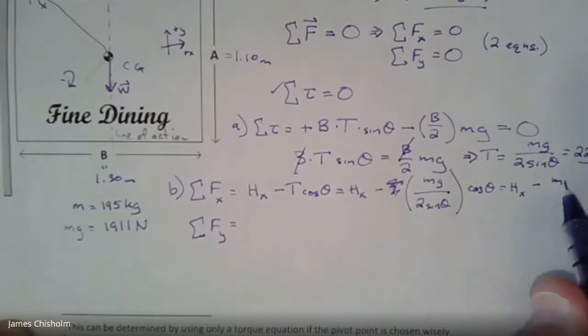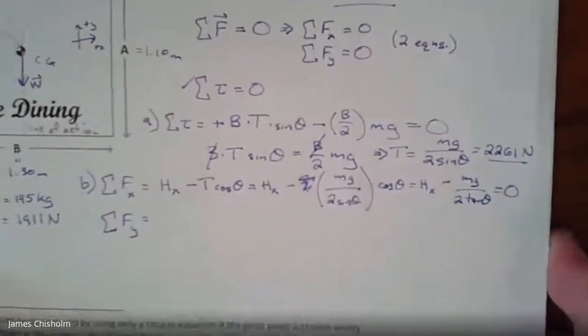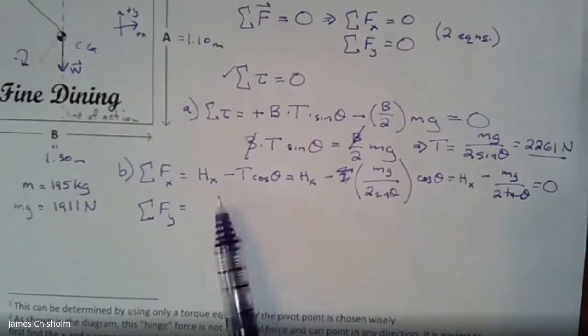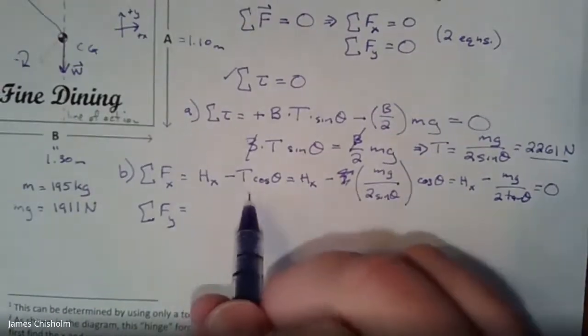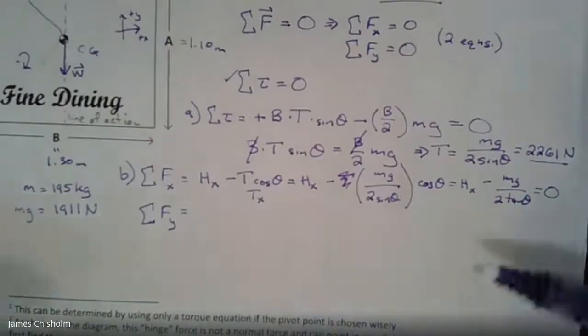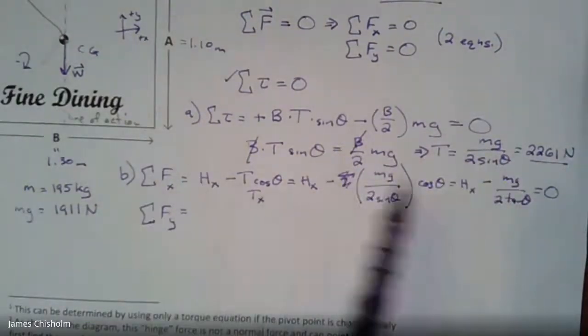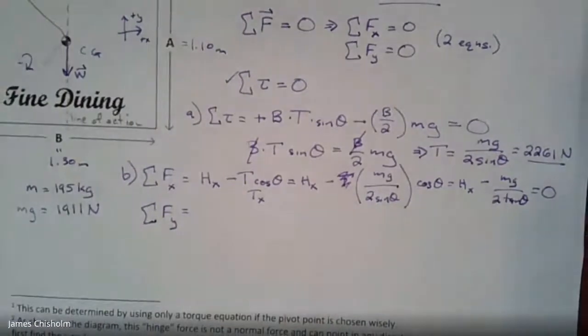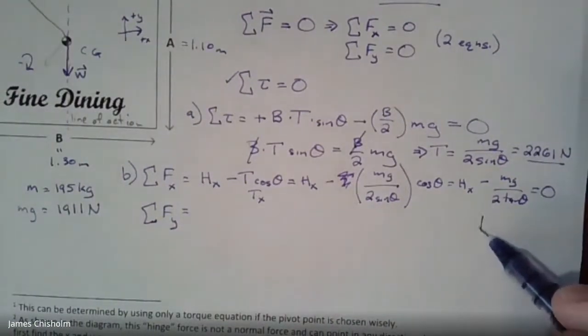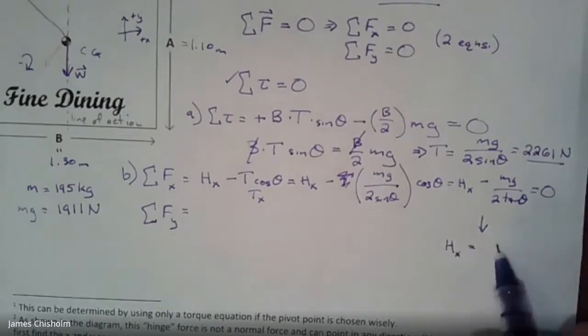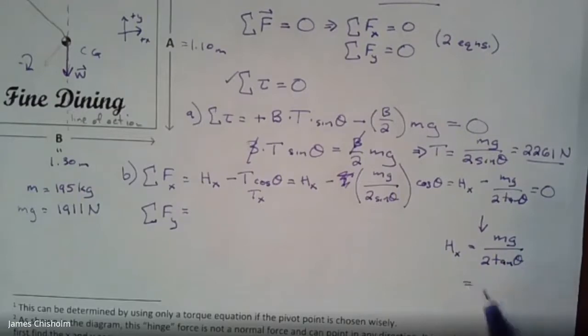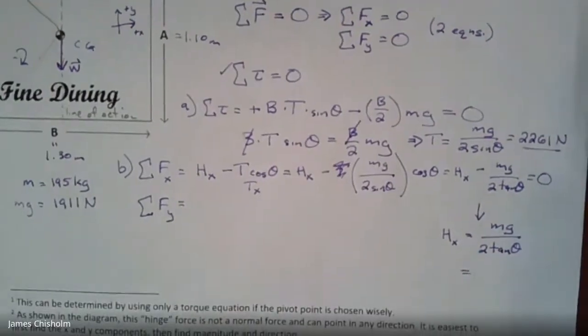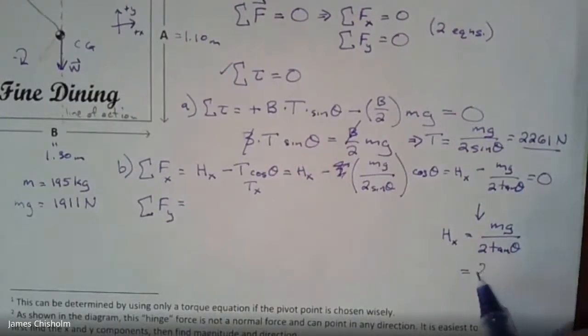So this will be Hx minus mg over 2 tan theta is equal to 0. In essence, we're just saying these two components are going to exactly cancel each other out because the weight's acting vertically. These are the only two forces. So this says we can say that Hx is equal to mg divided by 2 times the tangent of theta. Again, we can write it purely in terms of the numbers we were given. If you like plugging in numbers, we can do that. And this gives us 2049 newtons.